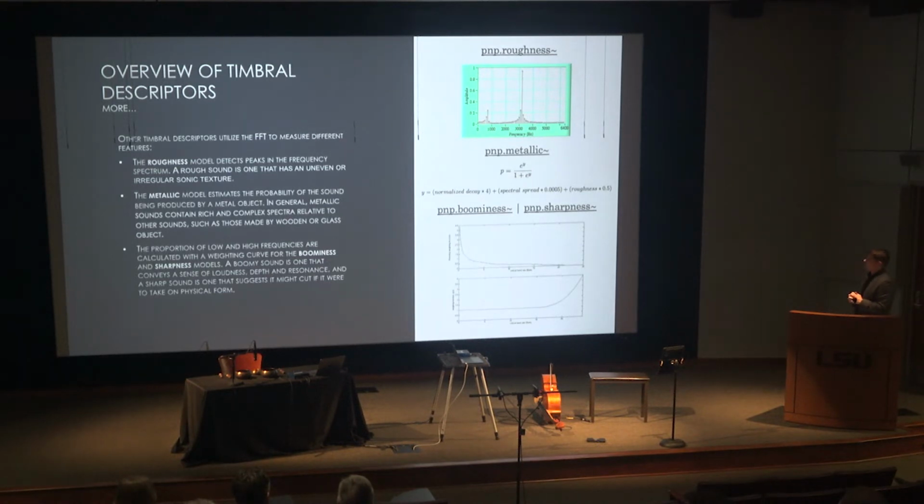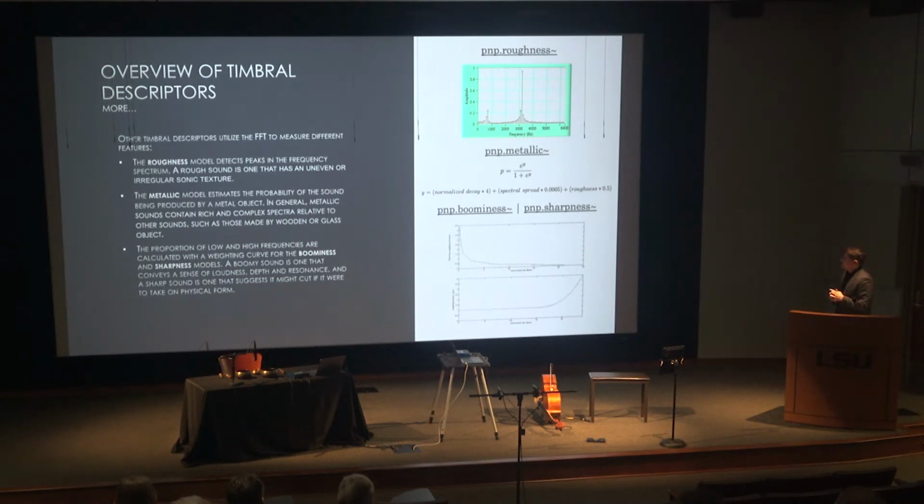So for the normalized decay, we're looking at the envelope of the sound, the resonance of the metallic object, and how the overtones sustain and decay independently of one another. We're looking at the spectral spread as well, which is like the variance from statistics.